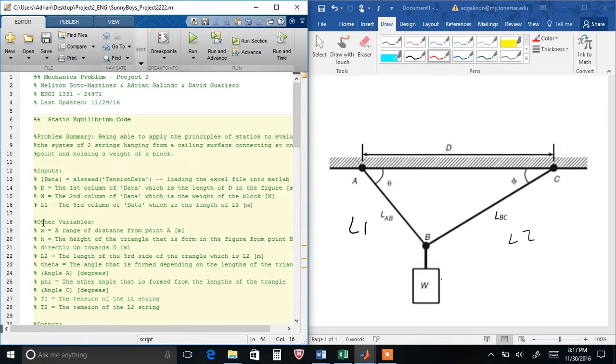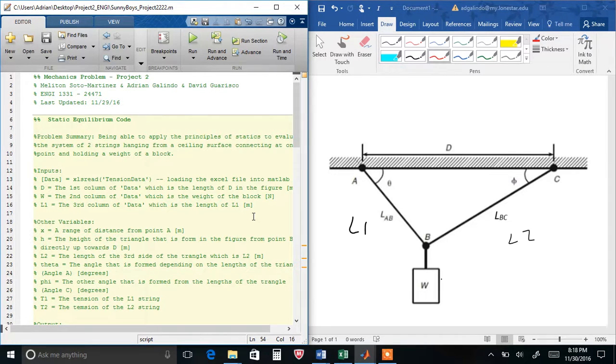Basically this whole project is about applying the principles of statics to evaluate a system of two strings hanging from a ceiling surface, connecting at one point and holding the weight of a block.